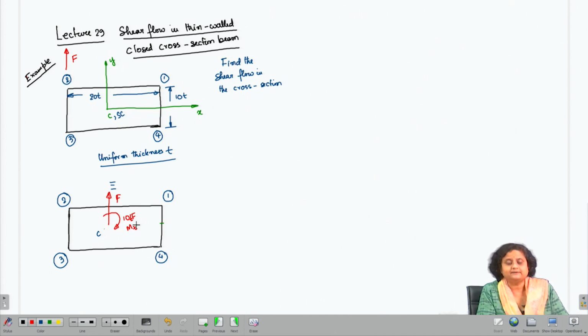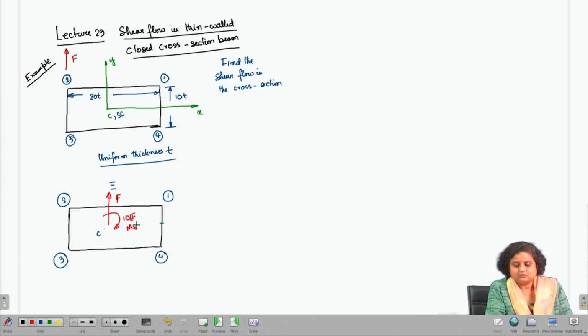Now, with this, let us try to find out the shear flow. Let us assume that this is the s direction.